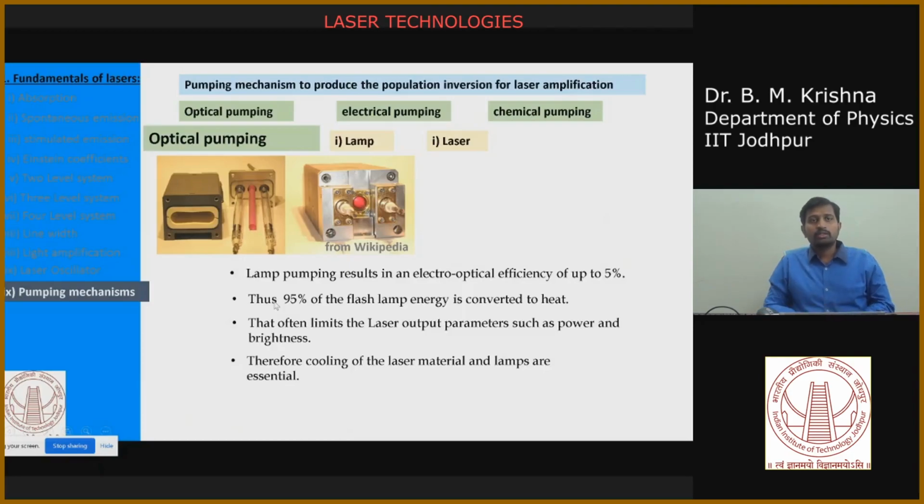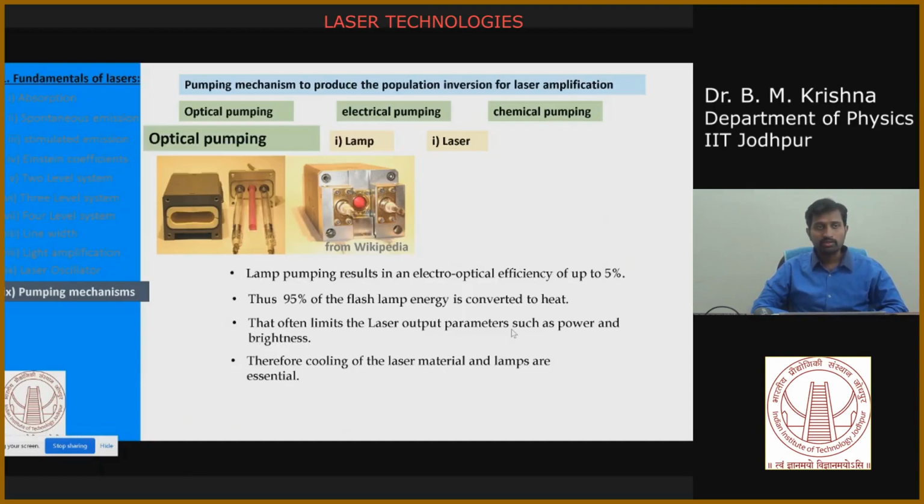The disadvantage of lamp pumping is that the electrical to optical efficiency is very low, close to 5% or less. That means 95% of the energy of your lamp is wasted and becomes heat. That limits laser output parameters such as power and brightness.